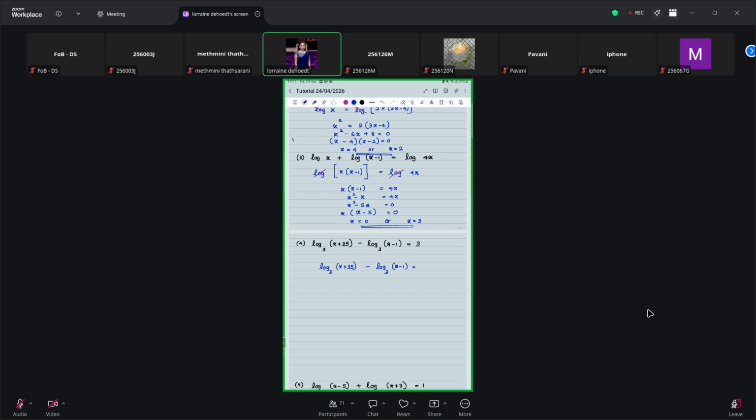But you need to write it as a log term. In here, 3. You can write 3 into 1. That means you can write 1 as log base 3, 3.